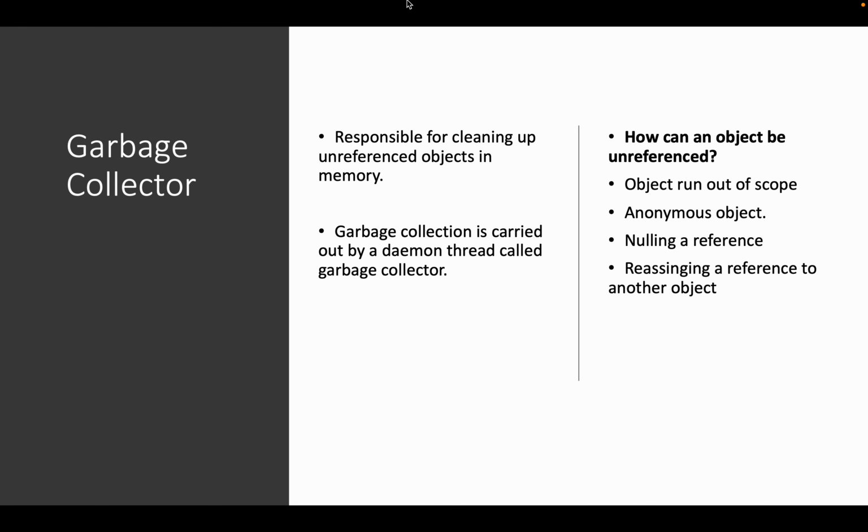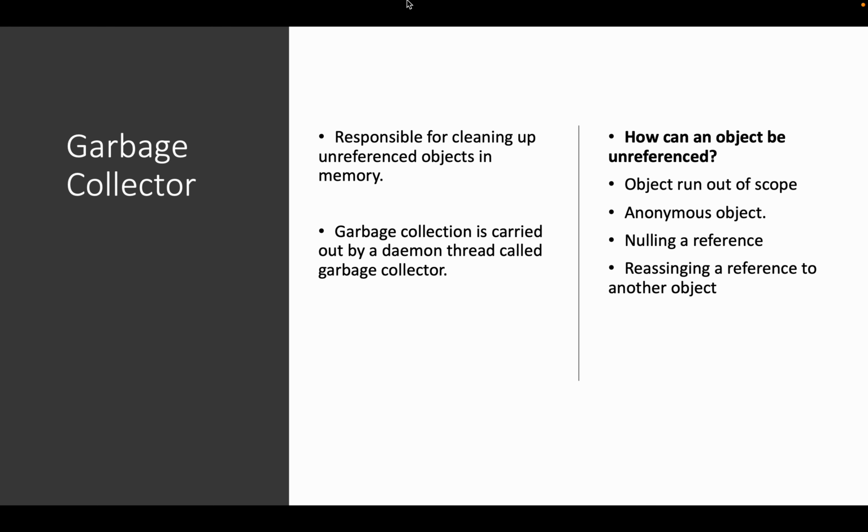Or in the case where you have anonymous objects, an object that does not really have a reference to it. It was created on the fly, and when it goes out of scope as well, and it's not referenced, it will be garbage collected.